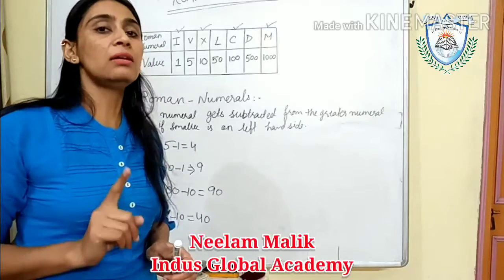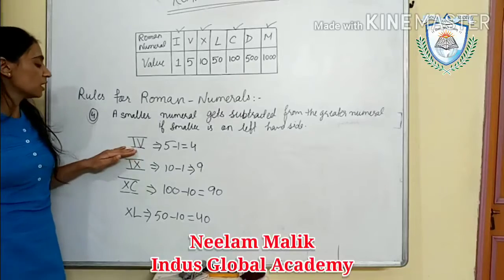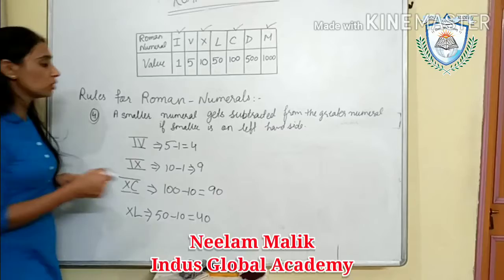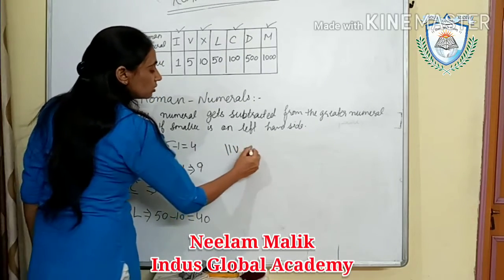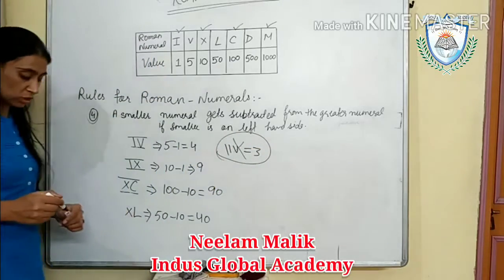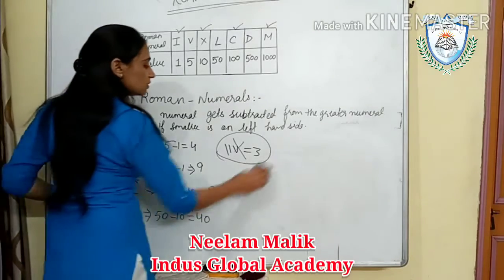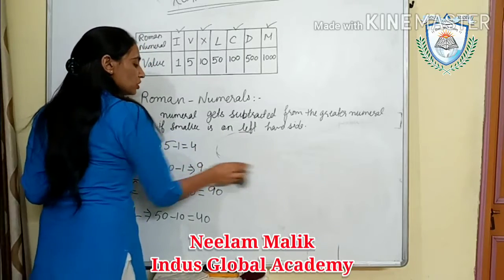You can write any numeral only one time to the left hand side of any greater numeral. Understand? You cannot write like this: 5 minus 2 is 3. This is wrong. You will not do this. Only one time. But on the right hand side, if you are writing to the right hand side, then you can repeat that a maximum of 3 times.